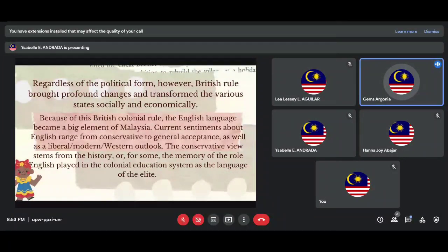Because of this British colonial rule, the English language became a big element of Malaysia. Attitudes about English range from conservative to general acceptance, as well as a liberal or Western outlook. This stems from the history, or for some, the memory of the role English played in the colonial system as the language of the elite.